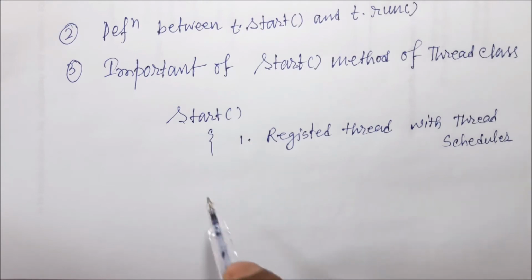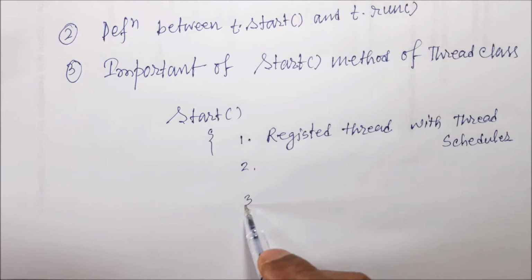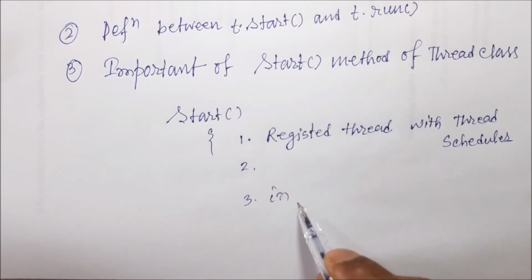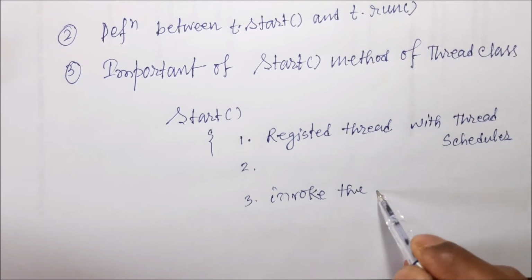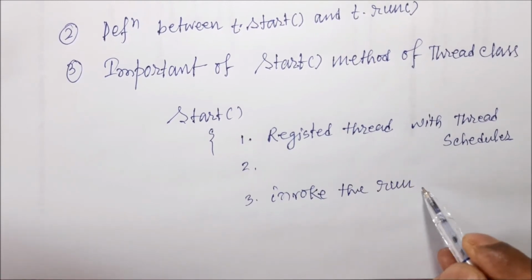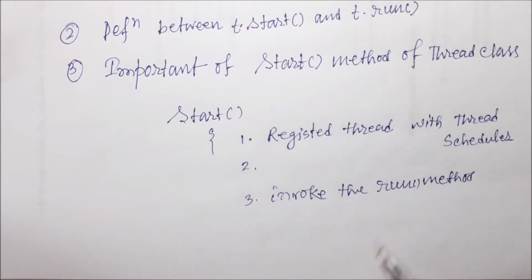The second task is performance of all the thread. Then at last, after so much code, it will invoke the run method. So, the start method is responsible for several activities.